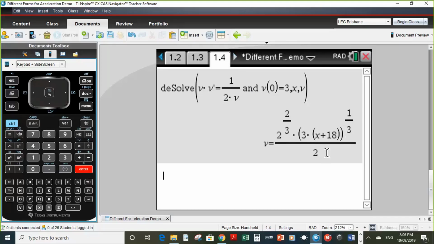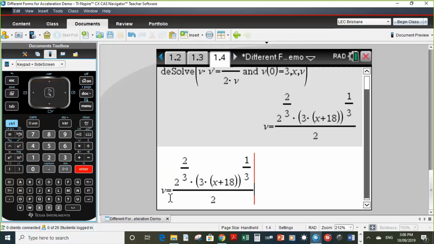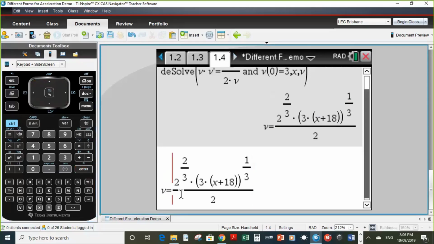And we can show the algebraic equivalence of this if we go up and highlight the answer and press enter to bring it down to a new entry line, and then remove the v equals.